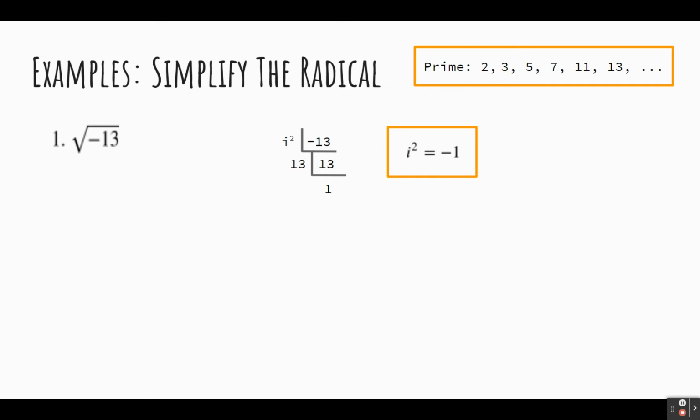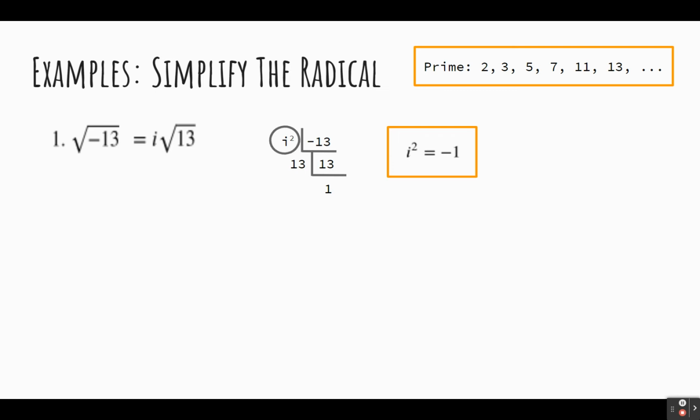So now we're going to look for our pairs. Well, we have a pair of i's because i squared, that is a pair of i's. And we have no other pairs of like factors. Recall that each thing that you circle gets written outside the radical, and things that are not circled are written inside the radical. So we're going to have our answer i times the square root of 13.